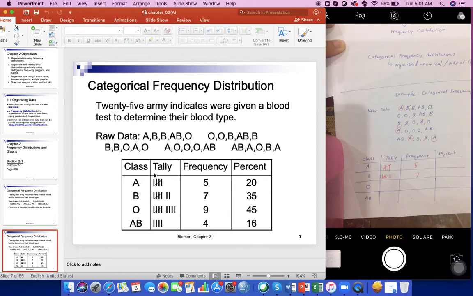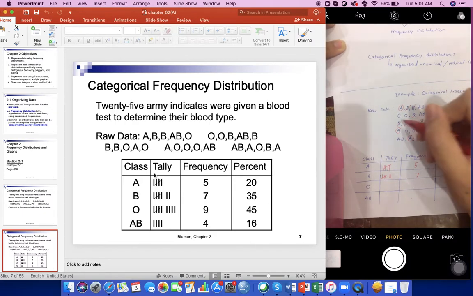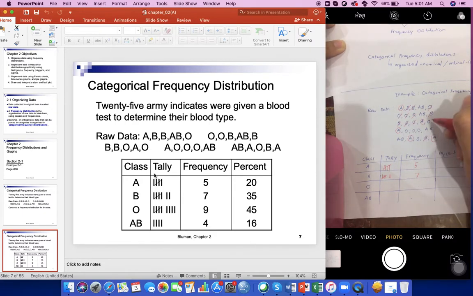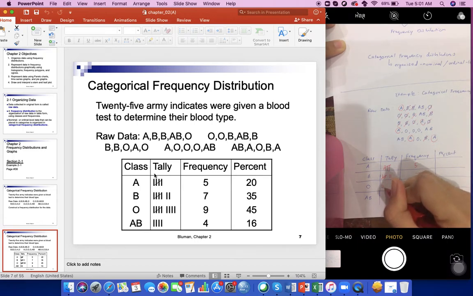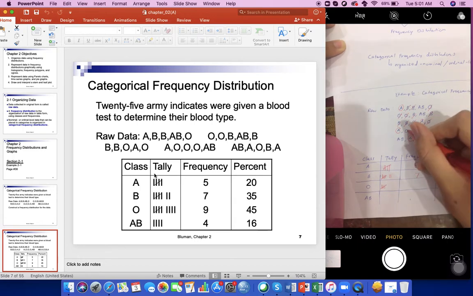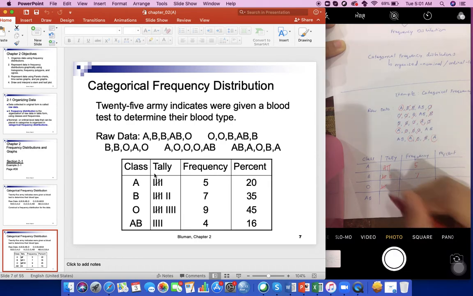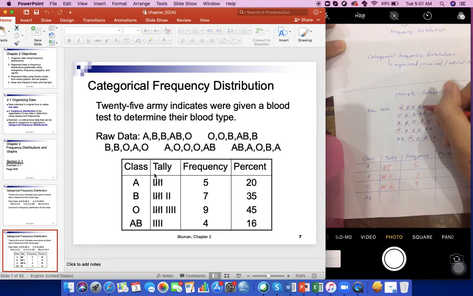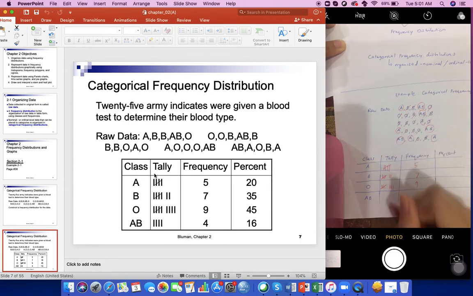And then O. 1, 2, 3, 4, 5. 1, 2, 3, 4, 5. 1, 2, 3, 4. So 9. And then AB. 1, 2, 3, 4. So 4.